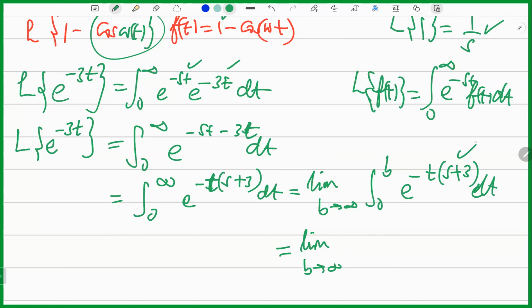What is the integral of this? You just take the coefficient, so it becomes e to the minus t over s plus 3, and then you divide by minus s plus 3. I don't want to keep you here for too long.